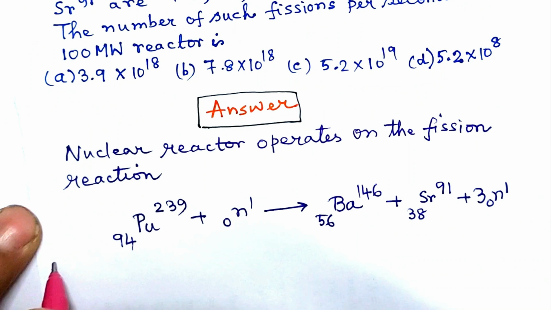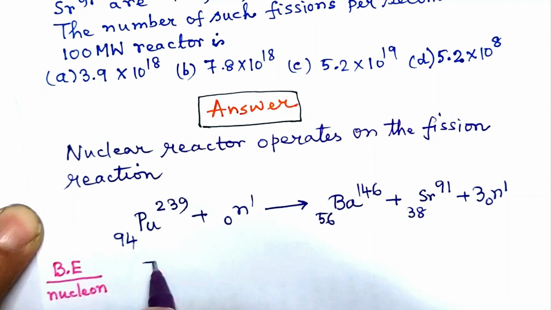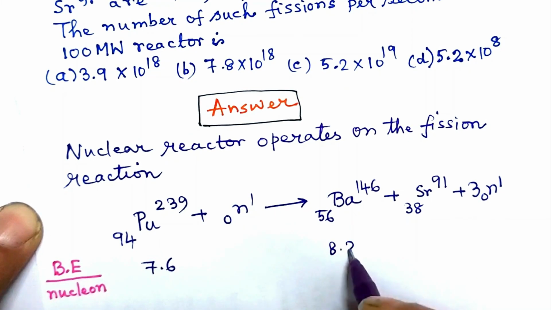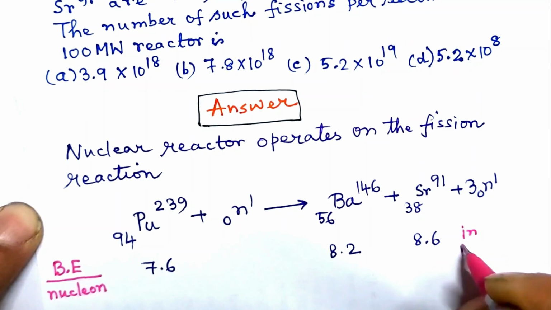It fissions into barium that has atomic number 56 and mass number 146, and into strontium that has atomic number 38 and mass number 91. The binding energy per nucleon is, for plutonium 7.6 MeV, for barium 8.2 MeV, and for strontium 8.6 MeV.